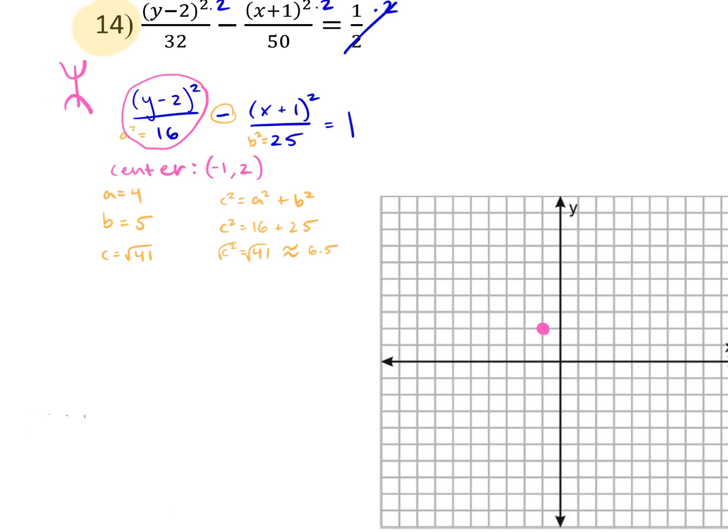So we're going to go up 4 and down 4 because a is 4. Those are going to be our vertices. So I went to -1, this is 6, and -1, -2.